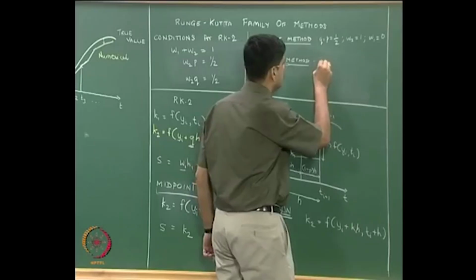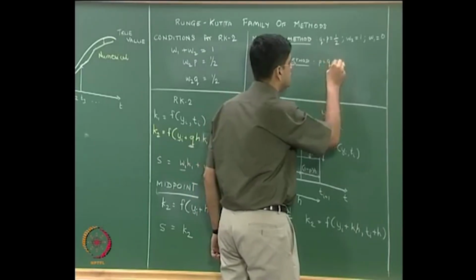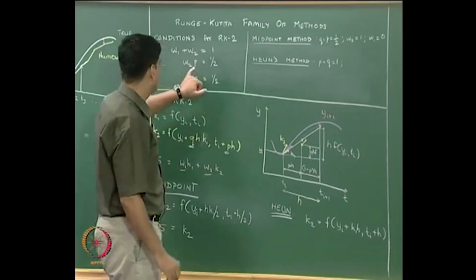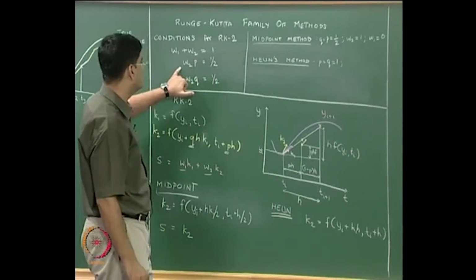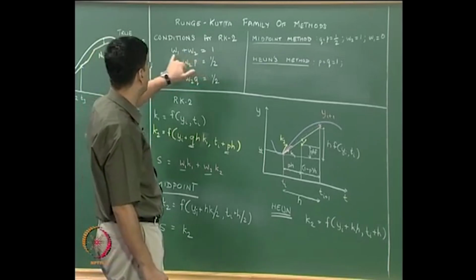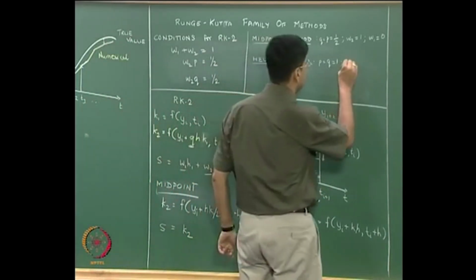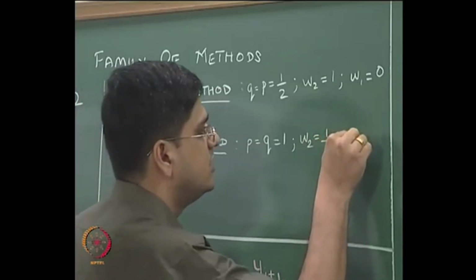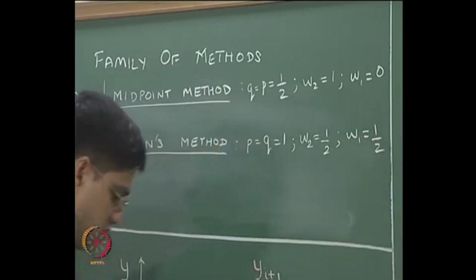So P is going to be equal to Q is going to be equal to 1. If P is 1, our W2 is going to be equal to half, and if W2 is half, our W1 is going to be equal to half as well. So W2 is half and W1 is also half.